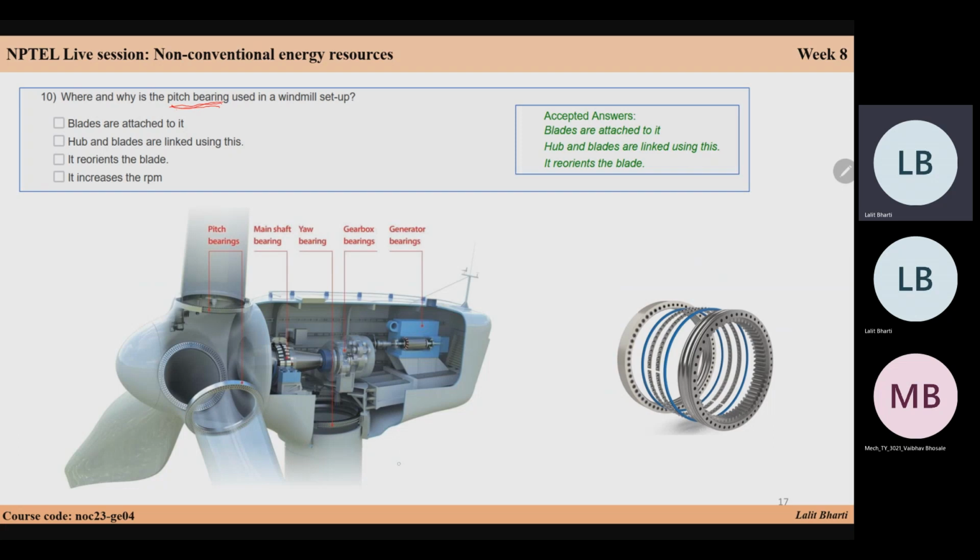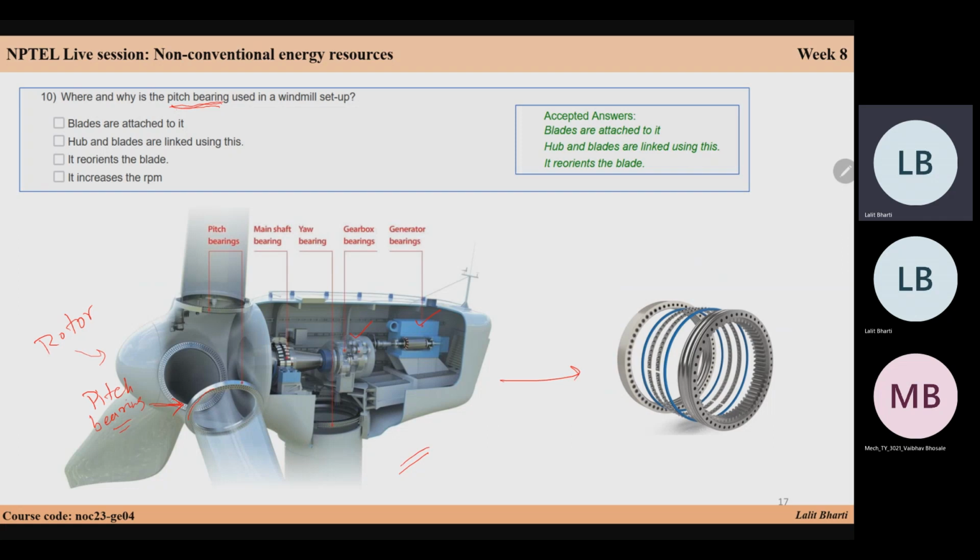If you see this windmill, this is your main hub, this is your gearbox, this is your generator, these are bearings, this is your rotor, and where the blades are attached with the rotor, that is called your pitch bearing. The pitch bearing is also shown here.